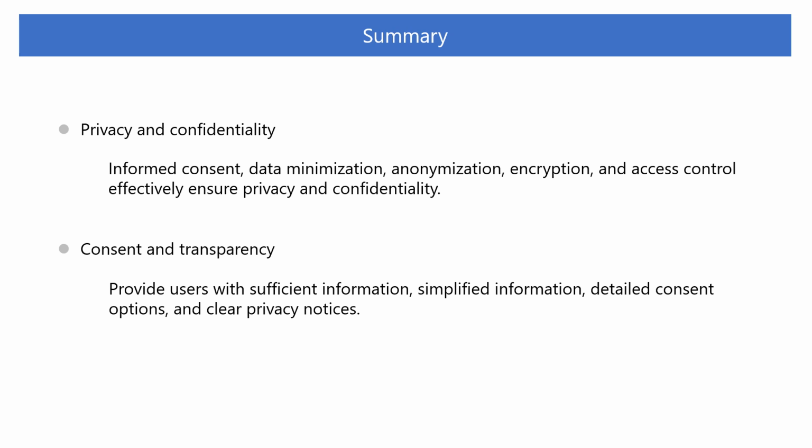In addition, consent and transparency are also essential for ethical data management. Providing users with sufficient information about data collection and its usage is critical for ensuring consent and transparency. Moreover, it is important to provide simplified information, detailed consent options, and clear privacy notices to make consent meaningful and maintain transparency.